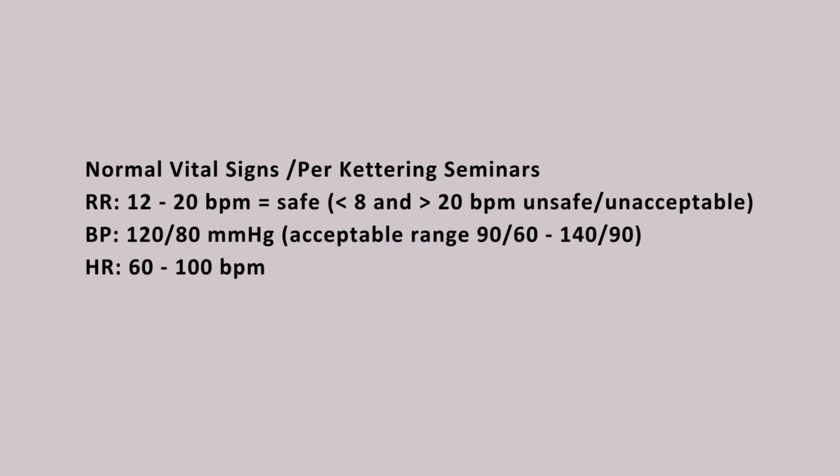Anything below, anything above, not safe. And we know how to get your MAP by dividing 120 by 80. That is the average MAP. We're not going to talk about that right now. Heart rate, 60 to 100. Anything below, anything above, not safe, should get your attention.